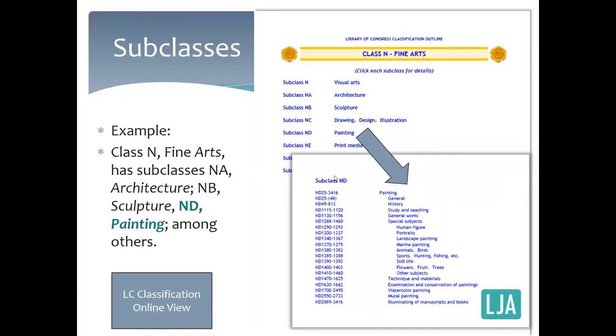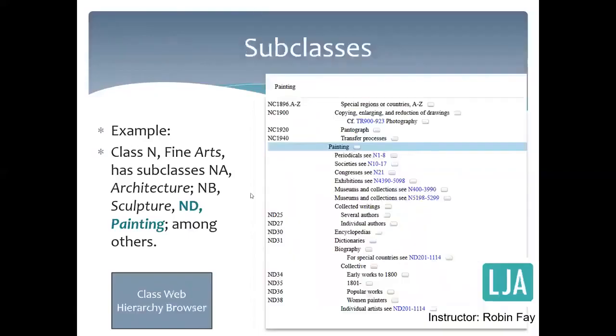So here's an example of the LC classification online view. This is on the web and is freely available. It gets a little bit tricky in terms of working with these. Sometimes you can click and go to each subclass, but you're not going to get as much information as you would if you are looking at ClassWeb.